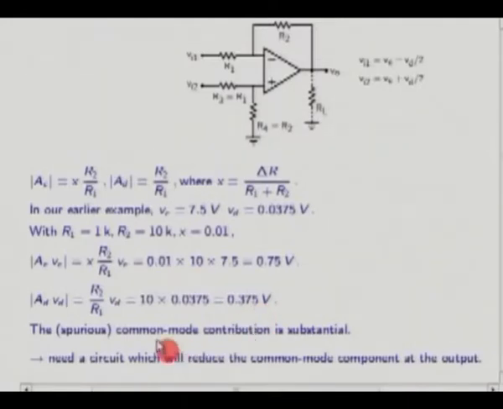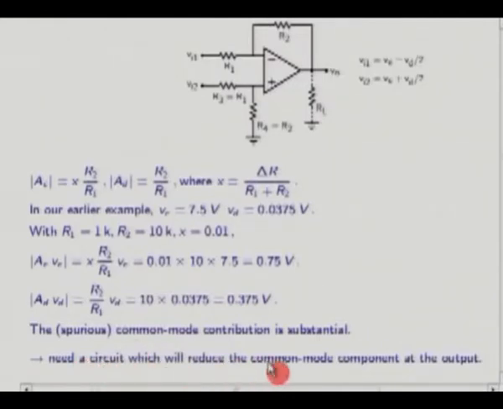So in fact, the common mode voltage is a completely spurious output that we don't want, but it is substantial. You can see that in this particular example, it's even larger than the differential mode contribution to the output voltage, and therefore if you measure the output voltage, you are going to get a wrong value, and therefore this is not desirable.